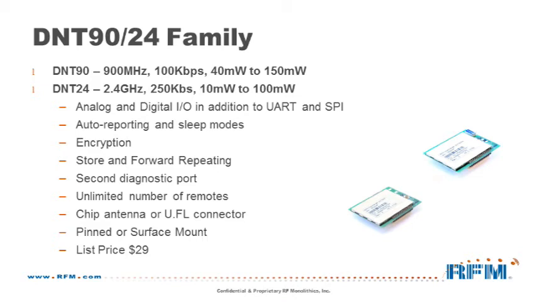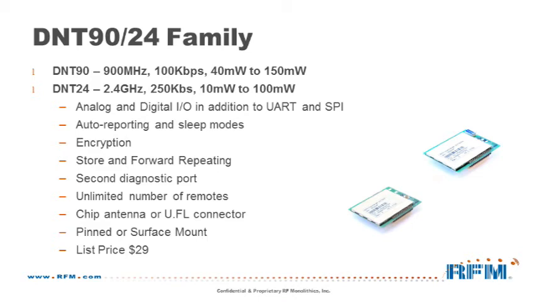So the 900 megahertz is 100 kilobit per second over the air data rate. So that's the only data rate there is. It's not adjustable. And we go from 40 milliwatts up to 150 milliwatts. So we're not going to the 1 watt, but for a small low price radio, this is a high output power. And since a lot of people want the 900 for additional range, having this extra power can make a big difference.